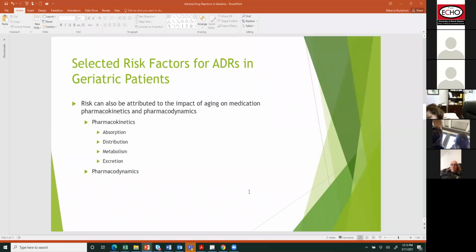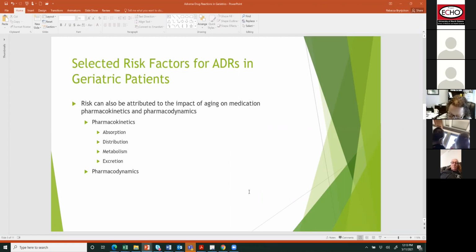And then finally, we see excretion, and excretion or elimination is really looking at the kidneys and renal function. And so we do see in older adults that there are changes in glomerular filtration, and changes in the way medications themselves are eliminated.